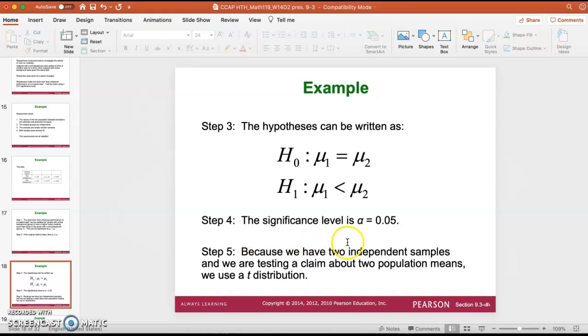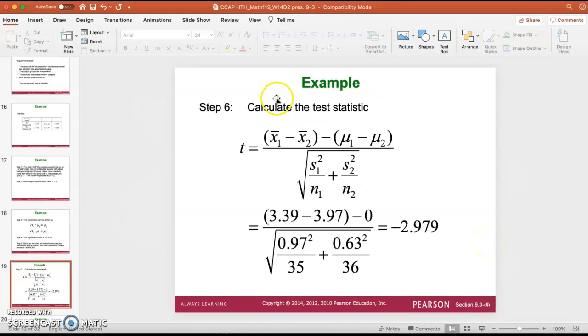Now because we have two independent samples, we are testing a claim about two population means. We're going to use the t distribution. That's the distribution we'll use for all these kinds of problems. Now for calculating the test statistic, we plug everything in. There's the red mean minus the blue mean, then minus their hypothesized difference of 0.